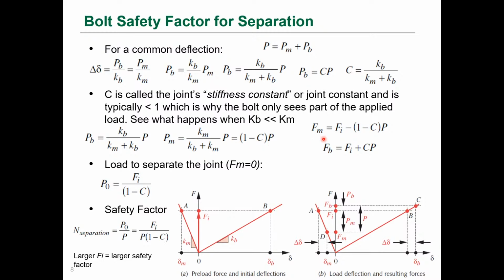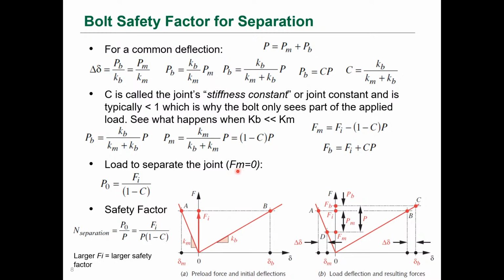The force in the material is equal to the initial preload minus (1 minus the stiffness factor) times the applied load, and the force in the bolt is the preload plus the stiffness factor times the applied load. When the force in the material is 0, that's when we actually have separation.